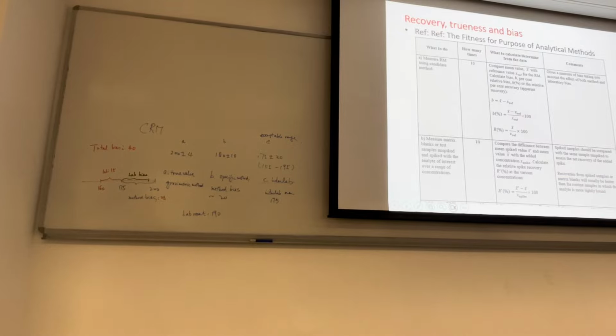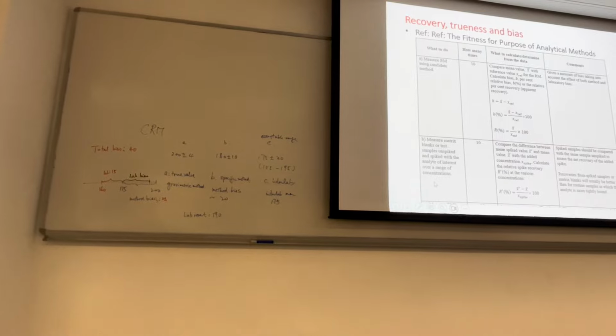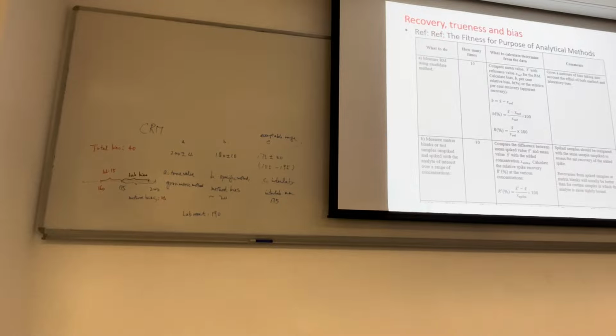And then measure the matrix blank or test sample, unspiked and spiked. The second approach is spike recovery. The first approach is CRM, okay?